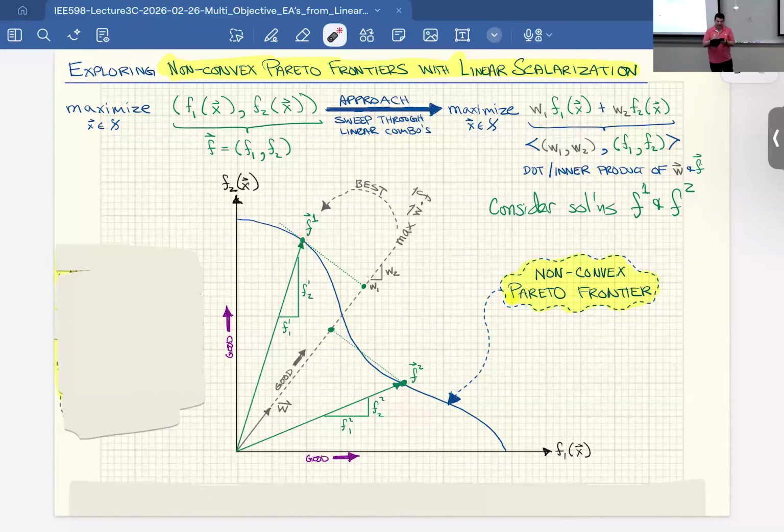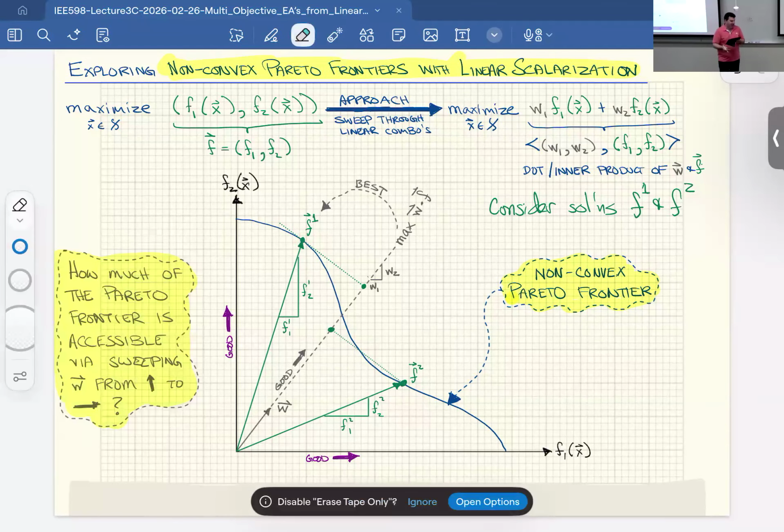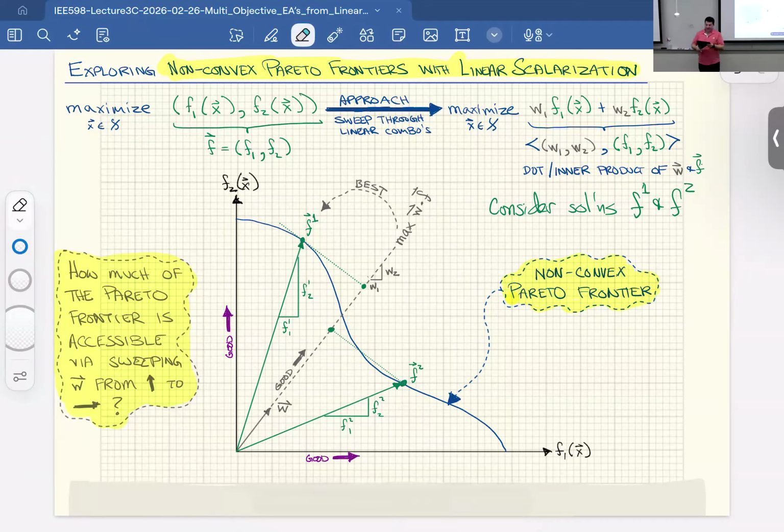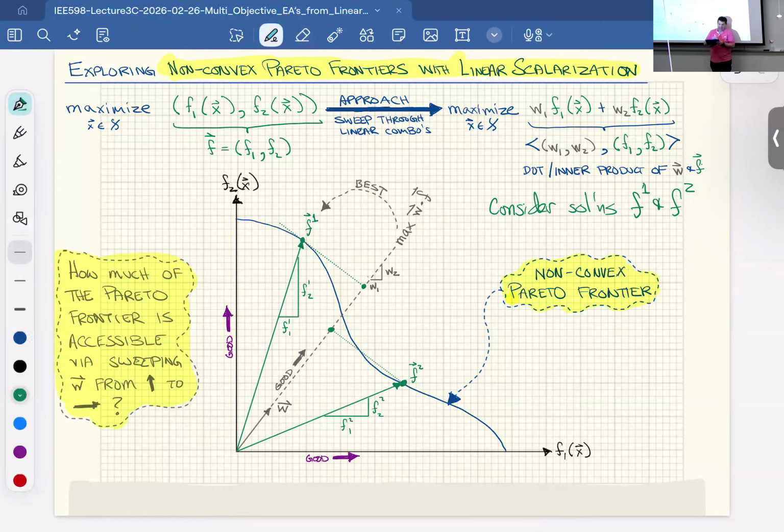As a consequence, if we ask how much of the Pareto frontier is accessible with this approach, it turns out only the parts that intersect with the so-called convex hull of the Pareto frontier are accessible. I'm highlighting in yellow this portion, which is accessible, but anything under the dotted highlight is not accessible.